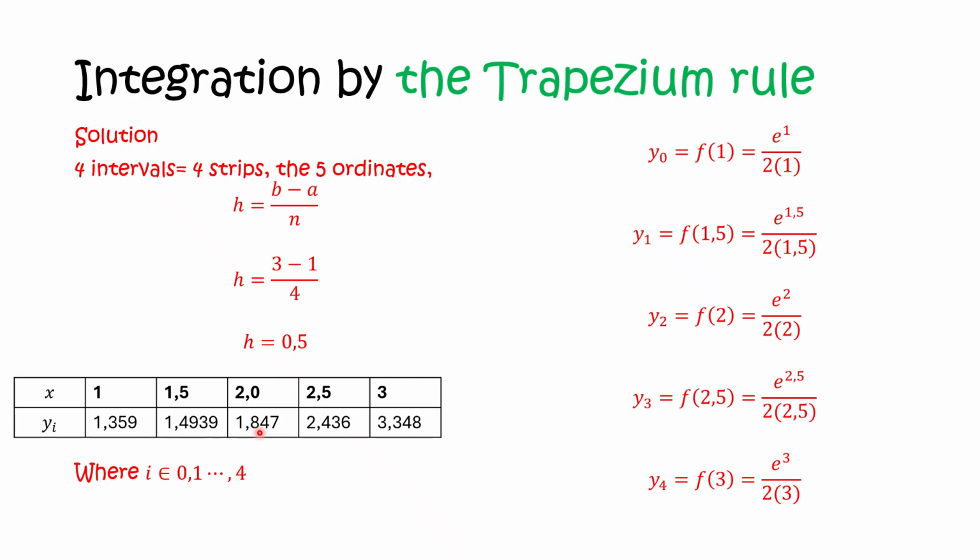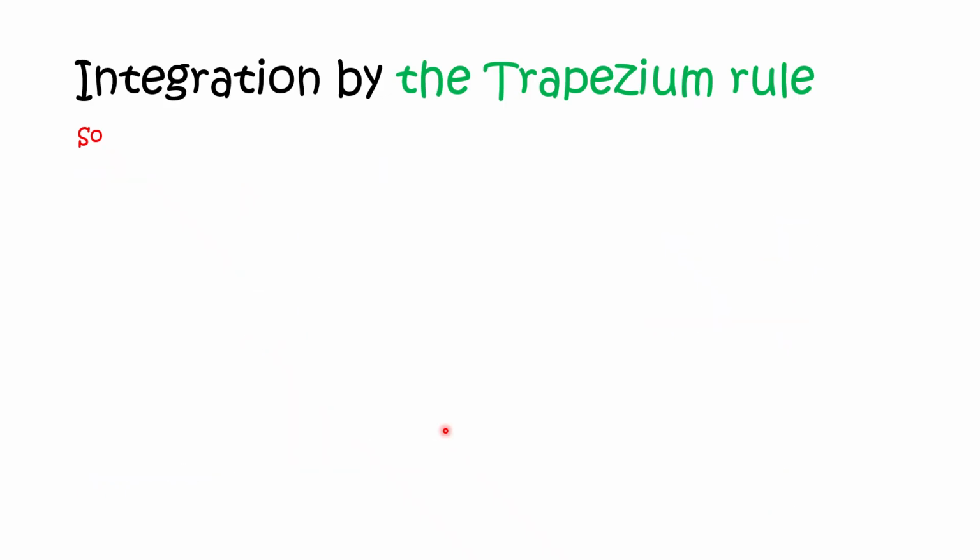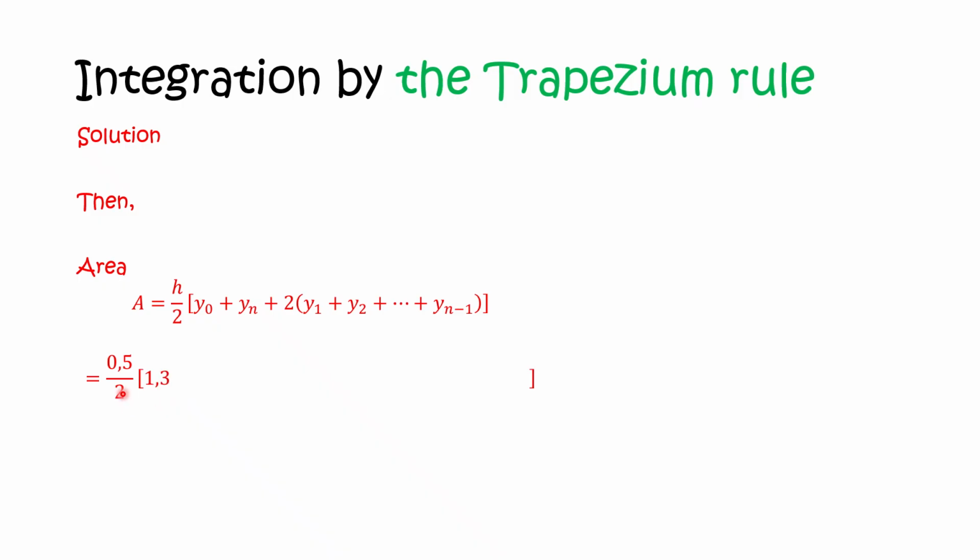And that is what we would get here for the yi's. Now, with that, we are going to use the trapezium rule formula that we talked about and highlighted before. So in this case, we substitute for the h and for the ordinates as well, from y0 to yn, so that we get to that particular stage over here.